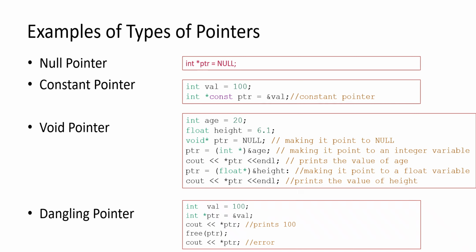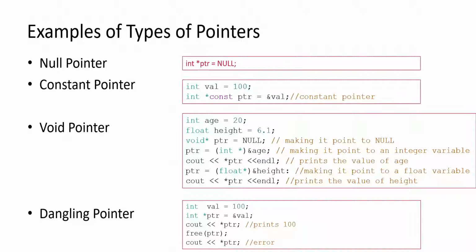Now see examples. A null pointer is declared like int *ptr = NULL. Then constant pointers are declared as int *const ptr = &val; like that, constant pointers are declared.